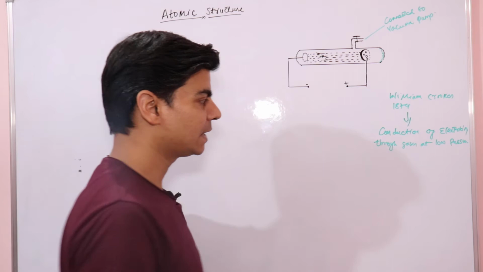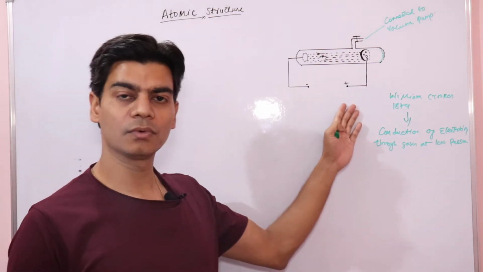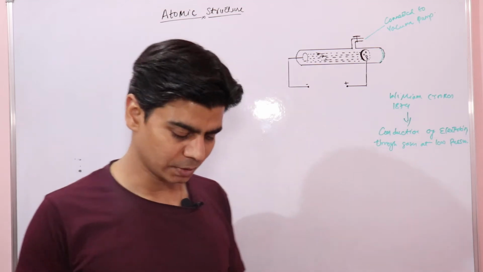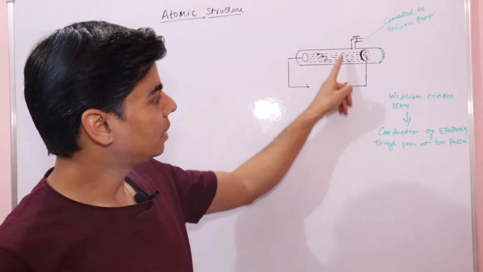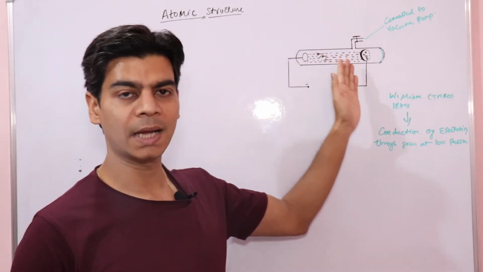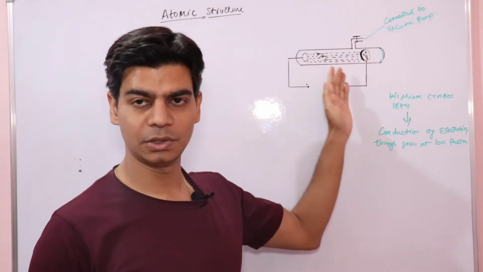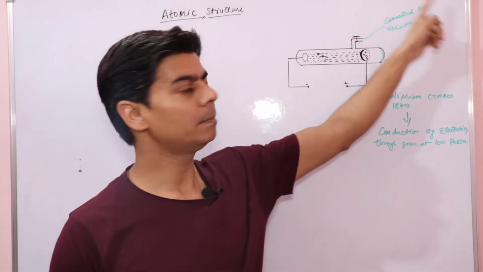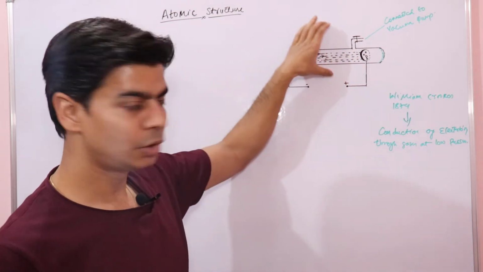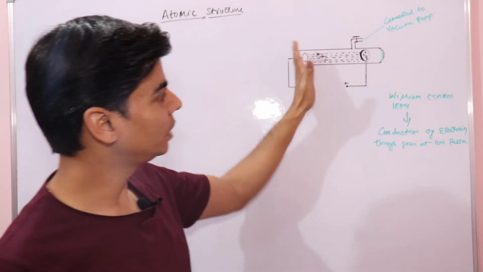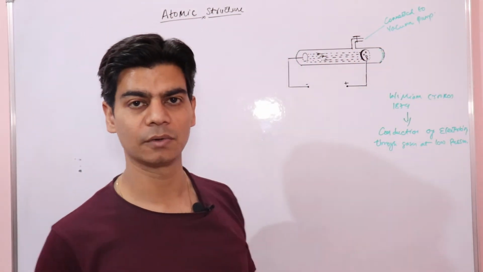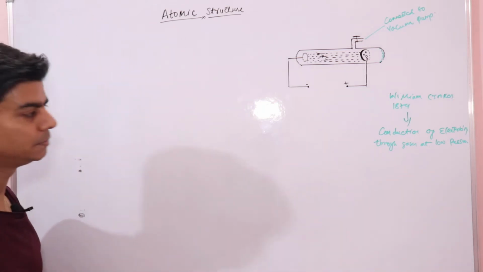Since William Crookes was studying the conduction of electricity through gases at low pressure, in order to maintain low pressure of the gas inside the discharge tube, we need to remove the gas from inside the tube. So this vacuum pump will pump out the gas from inside the discharge tube, thus lowering the pressure of the gas inside the tube.